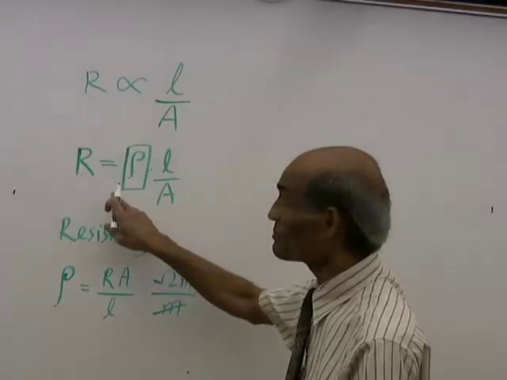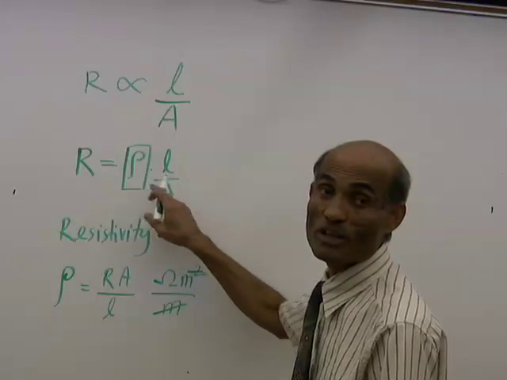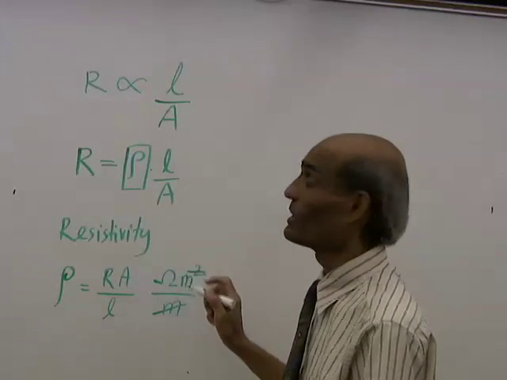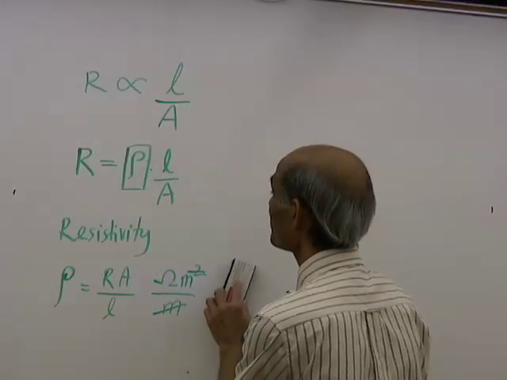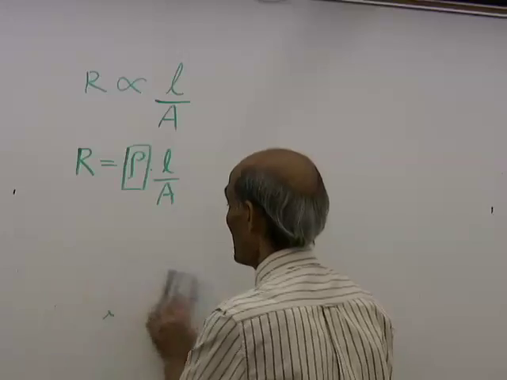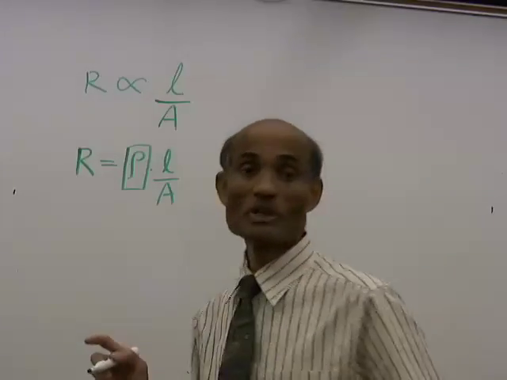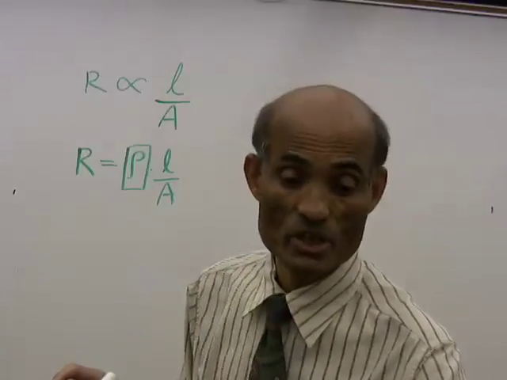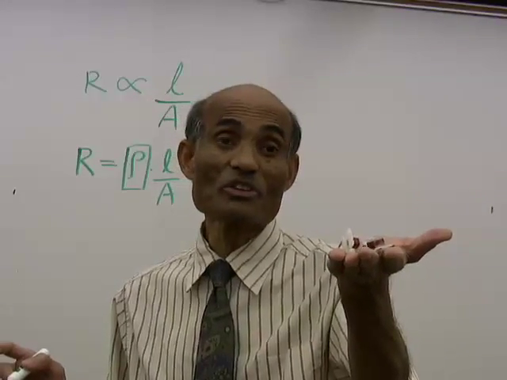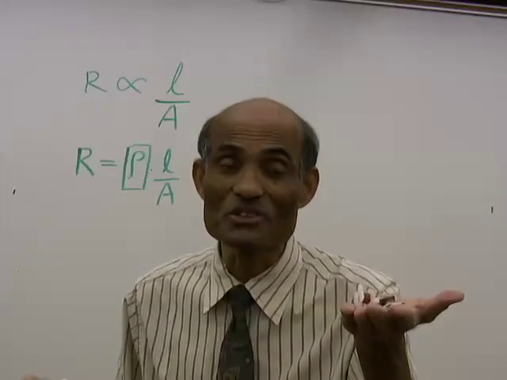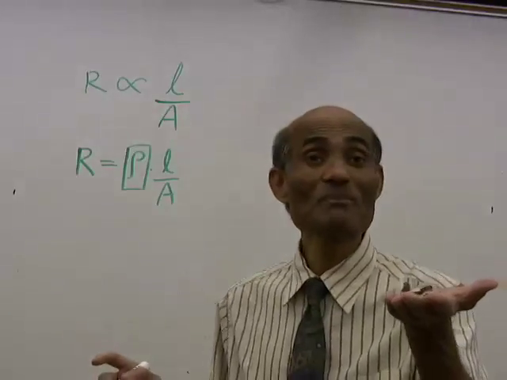Alright, let's now start with this equation. This is the working equation for our lab. R equal to rho L over A. And now, I told you we will be working with 5 conductors. All of these 5 conductors have the same radius. They are all of the same thickness.